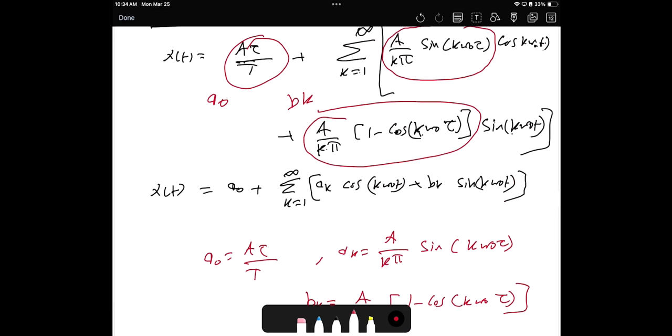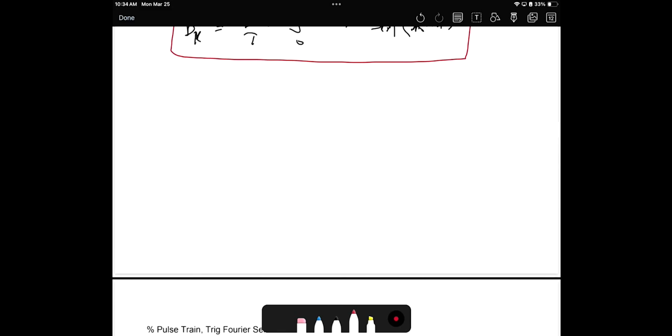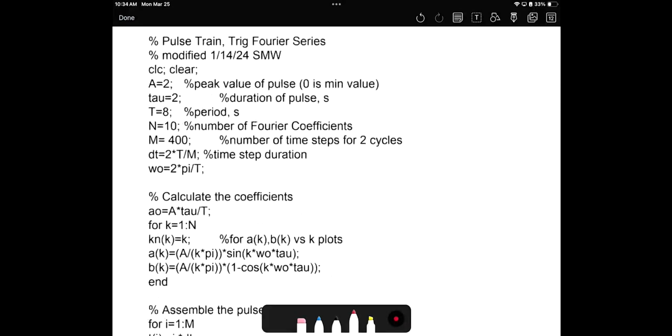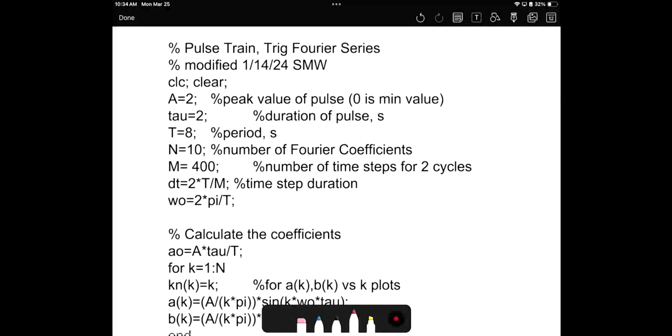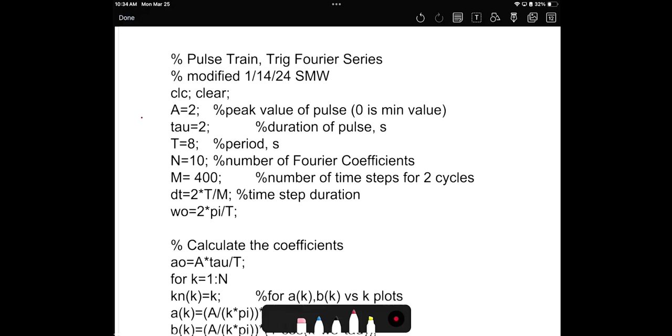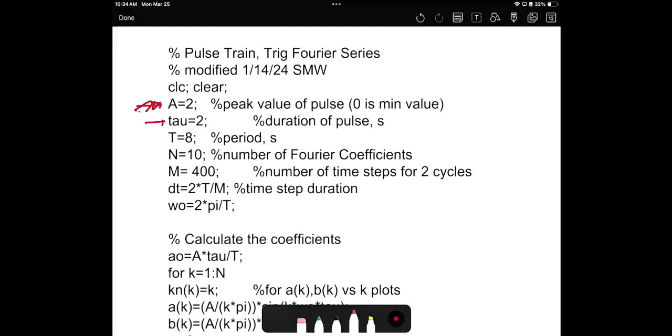Here's the MATLAB code and how to plot this. The first thing we need to do is define A, define tau, define t.